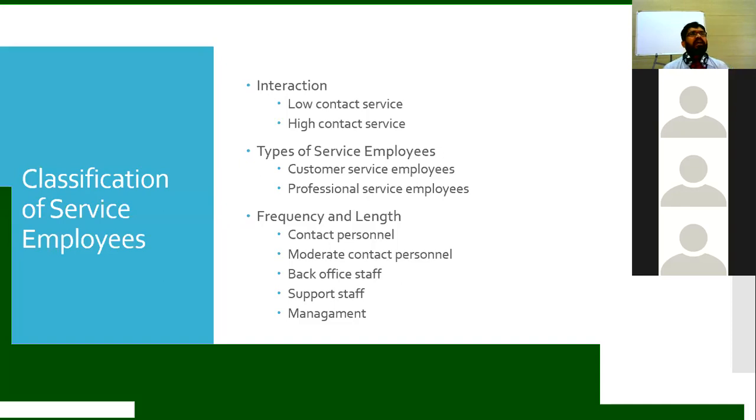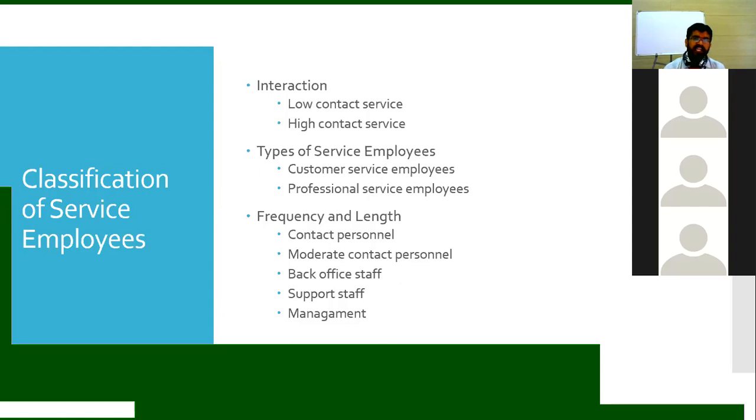Or a mechanic: you go to a mechanic, you get your vehicle repaired, and you just leave. So contact period is very low, interaction is very low. Or you go to a hairdresser to cut your hair, or a beauty parlor, and the service that you get is for a shorter period of time. So that is called low contact service, where the contact of the provider and the customer is very low.